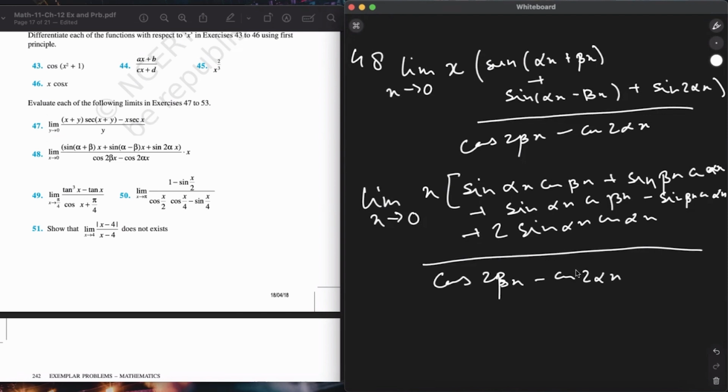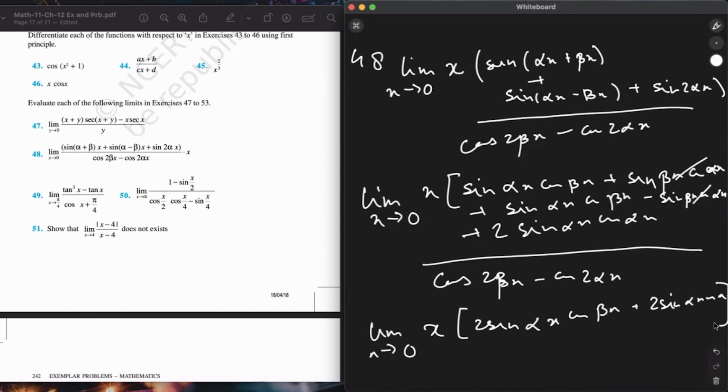sin beta x cos alpha x is getting cancelled out. Then I'll be left with the limit of x tending to 0, there's an x over here, of 2 sin alpha x cos beta x plus 2 sin alpha x cos alpha x.